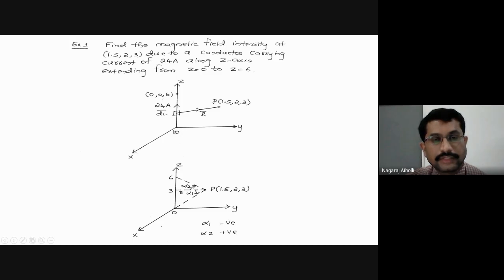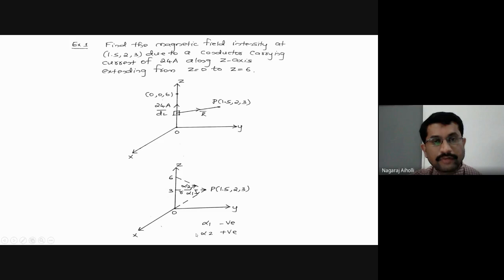The lower end is placed at the origin and the higher end is at a distance of 6 from the origin. The coordinates of the upper end are (0, 0, 6), whereas the lower end is at (0, 0, 0). Its elemental length is dl.